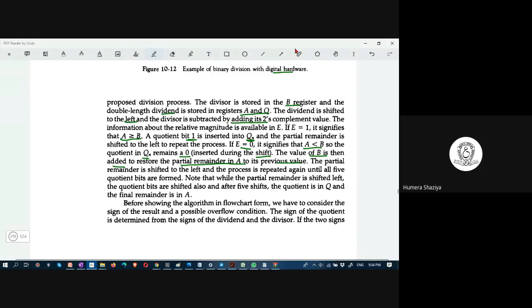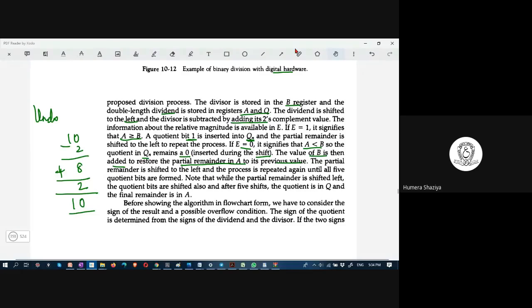You want to undo. How do you undo? If you say 10 minus 2 is equal to 8, later you realize that this subtraction has been done wrongly. You add 2 back to the result to get 10 back. This is like undo. When A is smaller than B, B is added to restore the previous value.